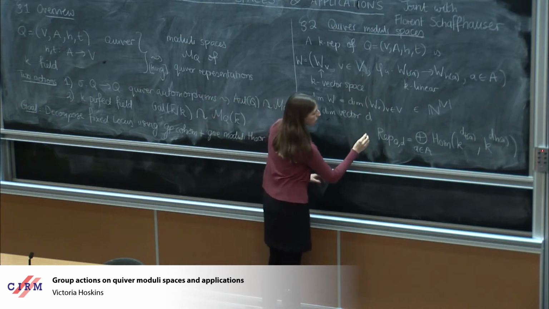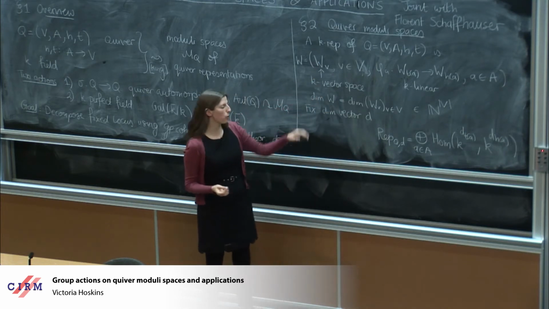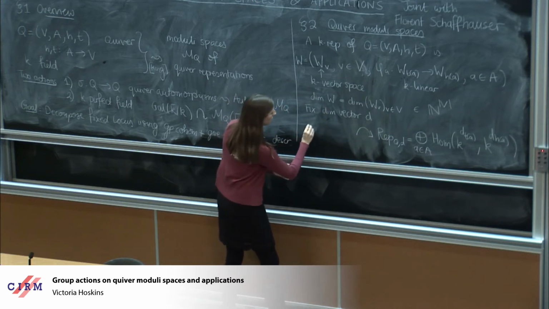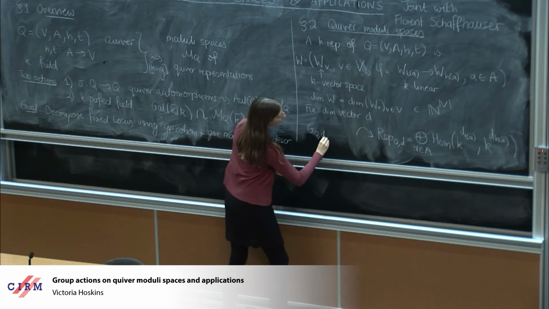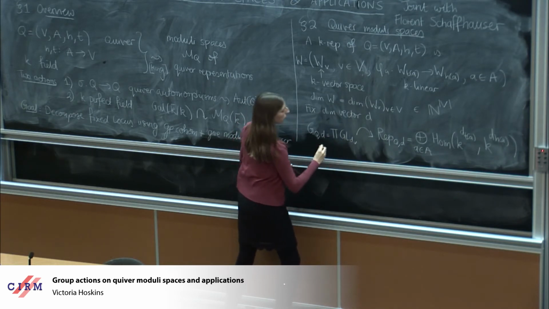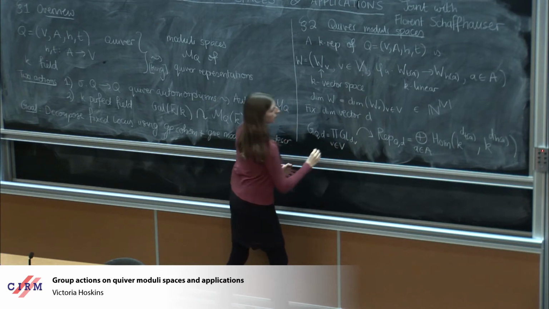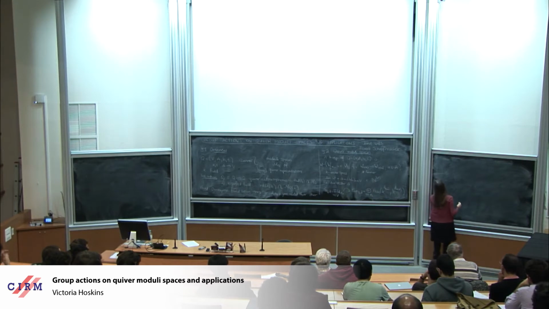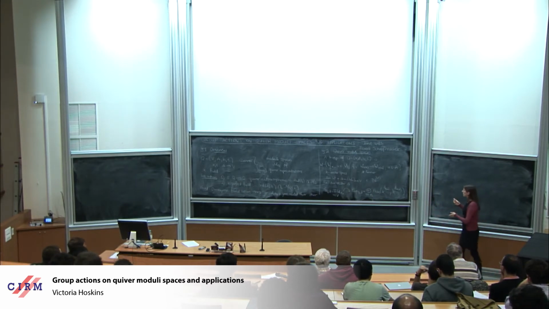Obviously, these choices of isomorphisms we want to mod out by. So there's a group that acts here, which is just a product of general linear groups acting by conjugation. And so we'd like to construct a moduli space as a quotient of this action.